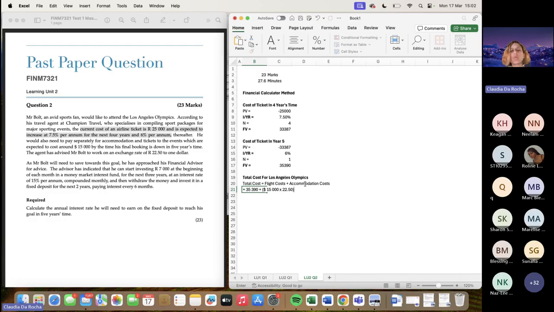Okay, if they hadn't told us that the exchange rate is expected in the future, we would need to get that amount. Okay, but they've told us here for this one. Okay, so 15,000 times 22.50 is 337,500.